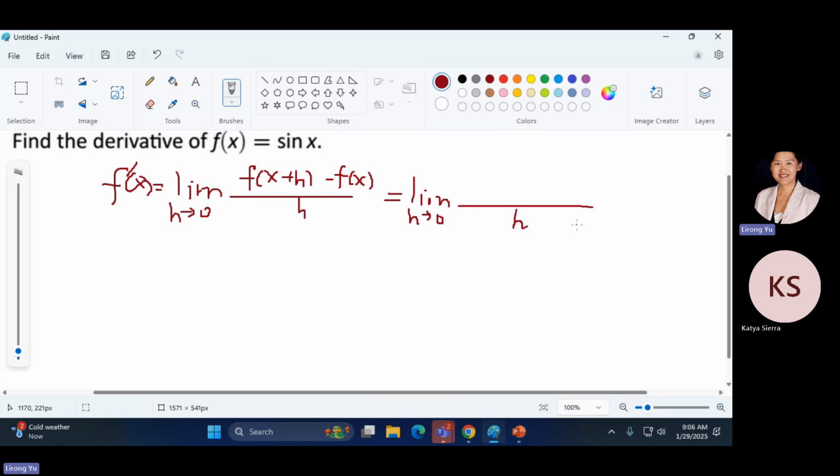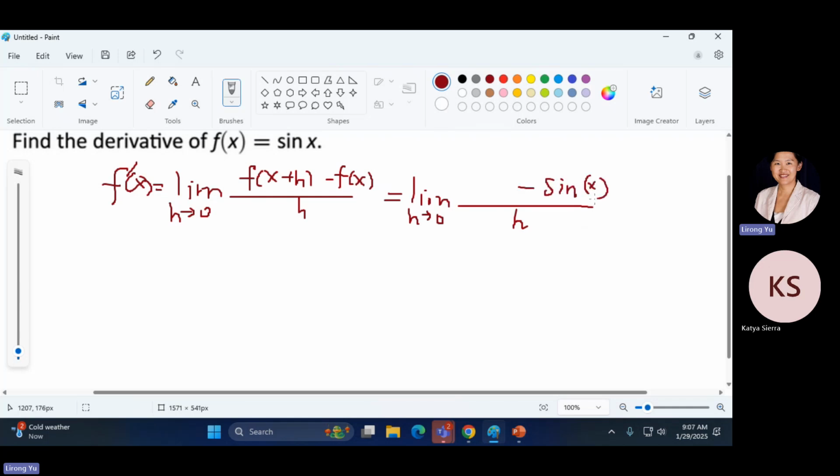But in the numerator, we're going to try to write f of x. We're going to replace using the definition. The definition is an abstract notion that applies to all functions, but you have to calculate it to make it useful. So I'm going to replace the f of x. We know f of x is sine x, so there's no change: just minus sine of x.